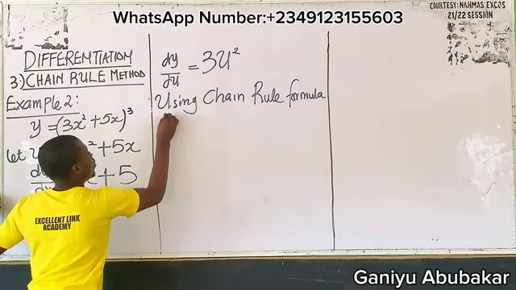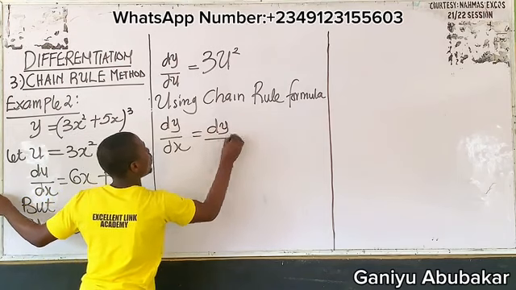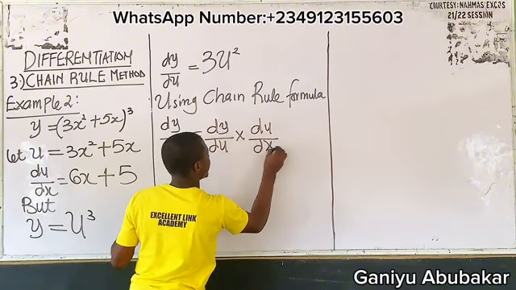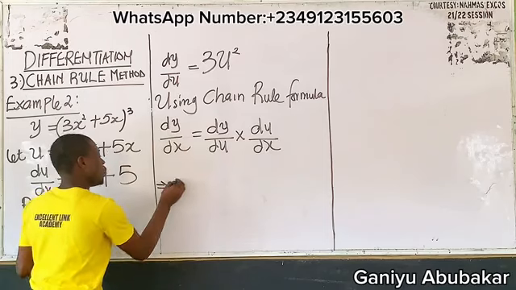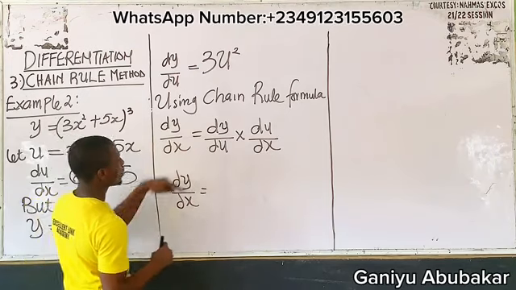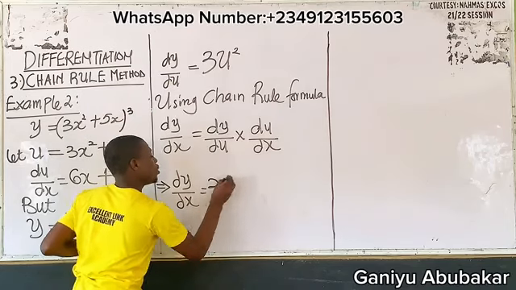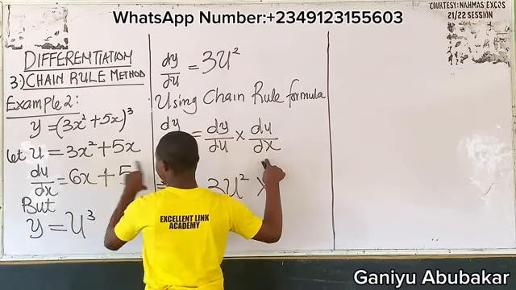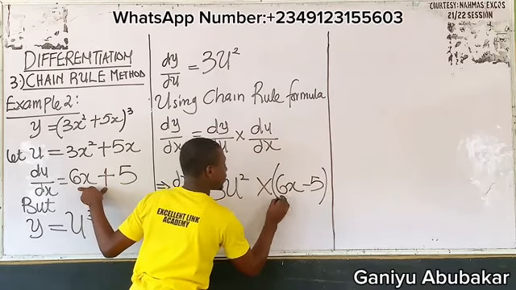Recall that we said dy/dx is equal to dy/du times du/dx. Now dy/dx is equal to dy/du. The dy/du is what? 3u squared, 3u squared times du/dx, which is of course this, 6x plus 5 in a bracket this way.